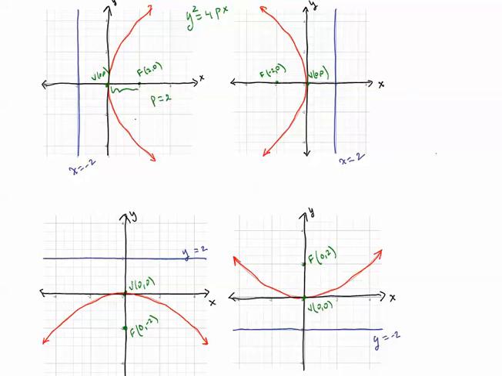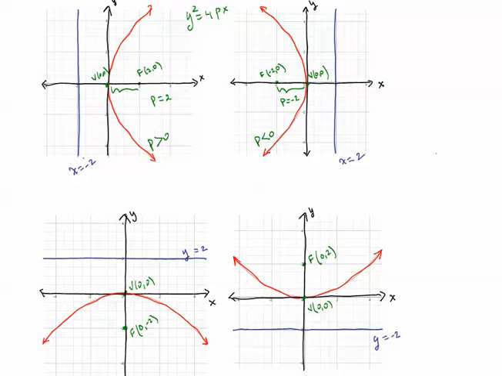If it opens toward the negative side of x, then p is less than 0, and in our case here, p is equal to negative 2. But the distance from the vertex to F, or from the vertex to the directrix, is positive, while p in the equation is negative.